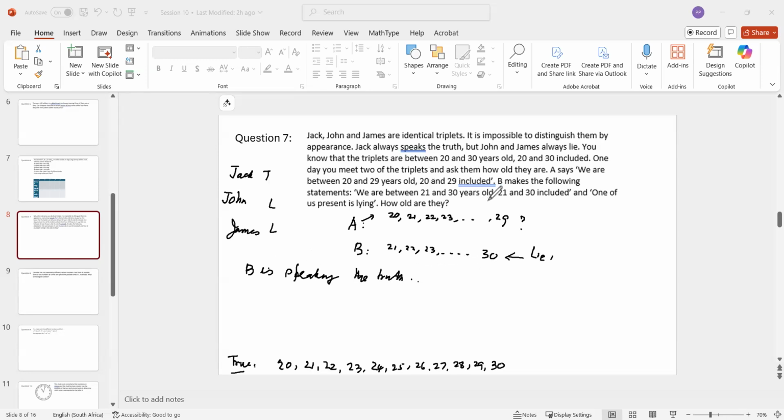Right. So when he says that one of us is lying, it means that A is lying then. Right? Because he's speaking the truth. So the other guy must be lying. So therefore, if A is lying, that means the age is 30.